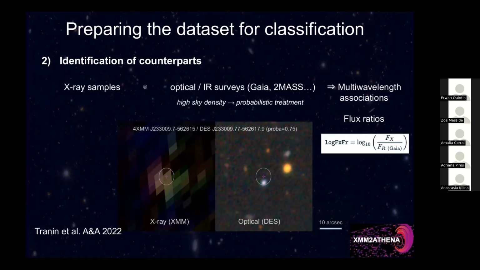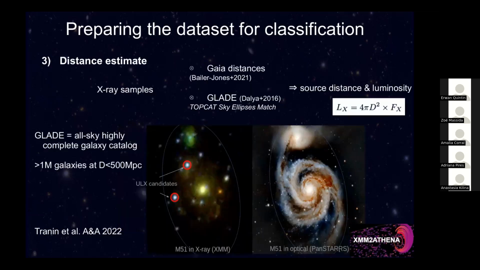We can discuss it a little bit more later if you want. The bottom line is that we use a set of optical and infrared catalogs, which are listed later, to have a rather complete census of optical and infrared counterparts.